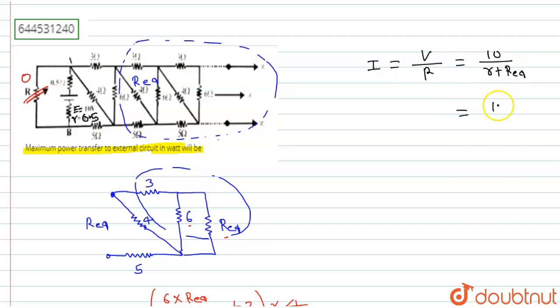So this is equal to 10 ampere. This is the current.